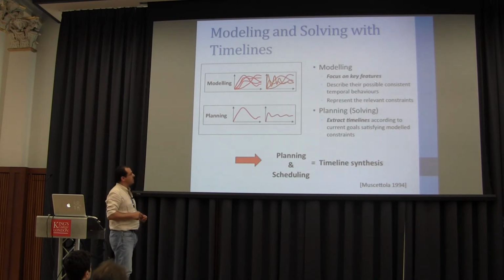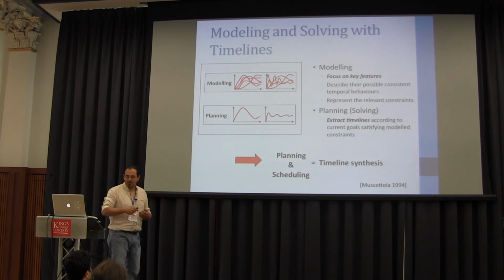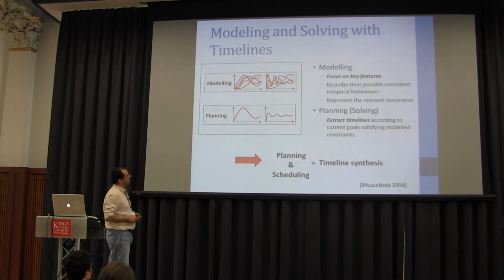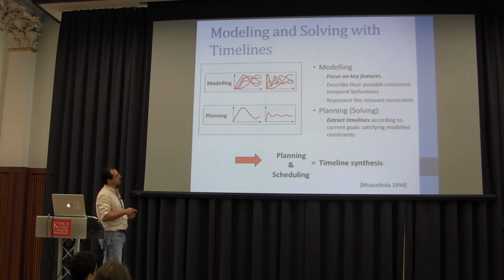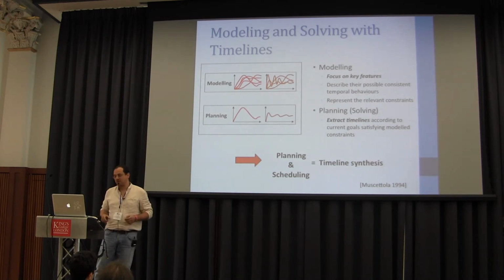It is possible to describe the temporal behavior of the system by describing the temporal behavior of the specific features, and then represent some constraints that model the causal and temporal relations in the global behavior of the system. And the planning phase basically is constituted by the extraction of timelines for each of these features describing the system in order to enforce the achievement of the planning goals, of course, and satisfying all the model constraints that are supposed to describe the correct behavior of the system.